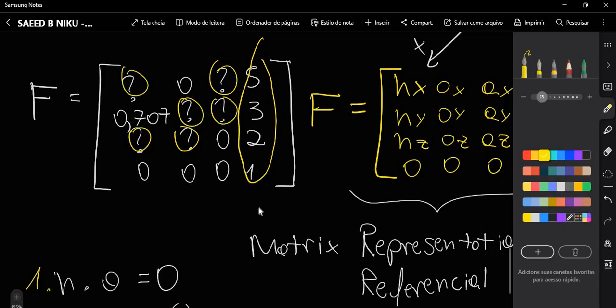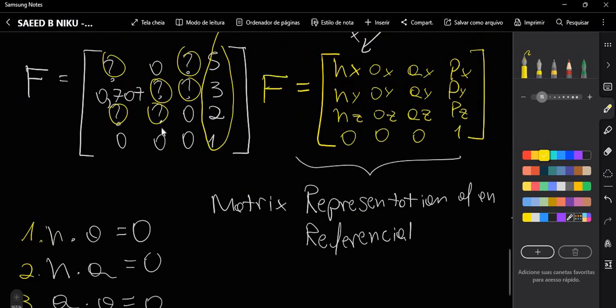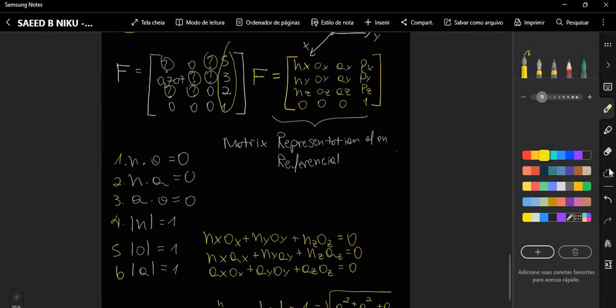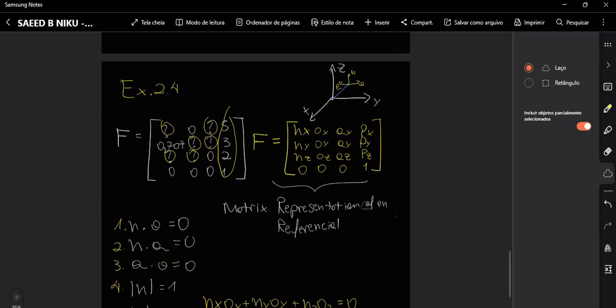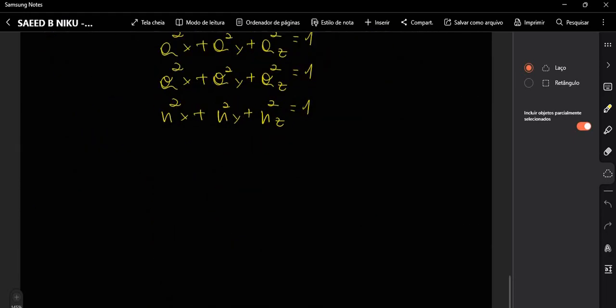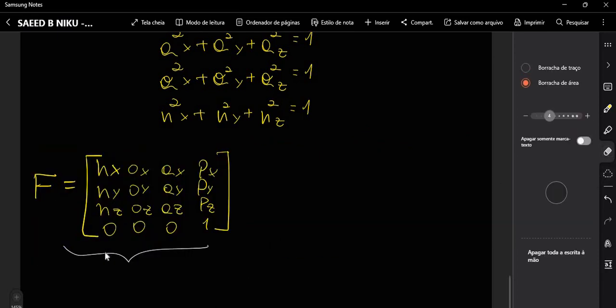So let's solve these equations and substitute. We can substitute to find these missing elements. Let me copy this representation of a referential in the matrix form, because it's going to be useful right here. And this one too.